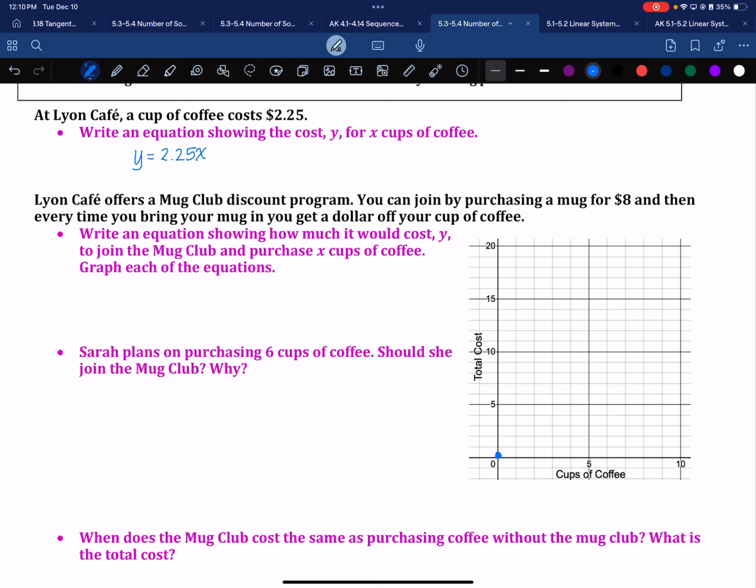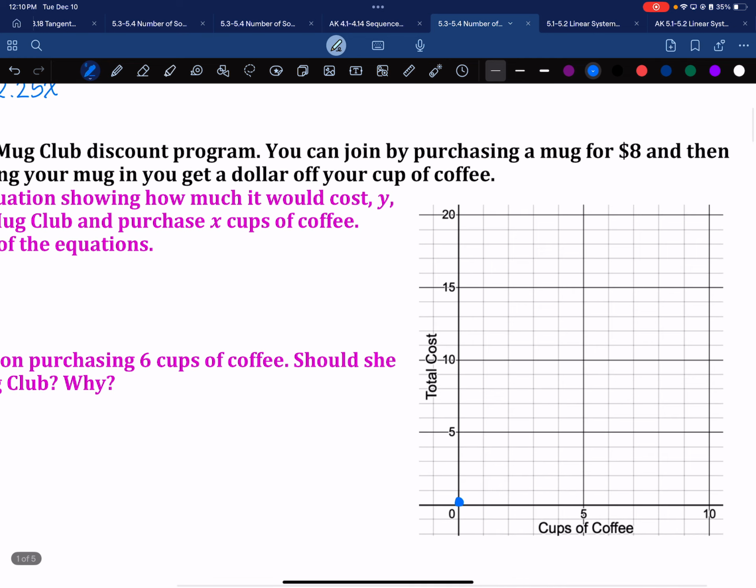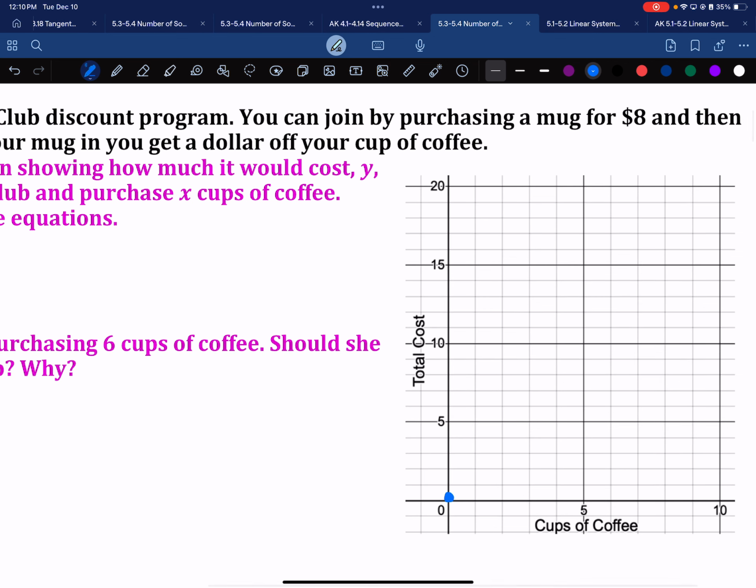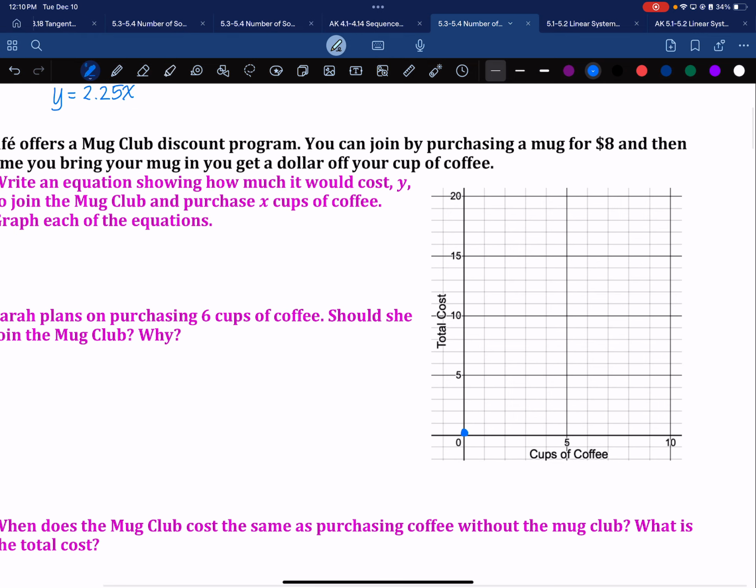Now, if we're going to do that, let's think about which point we picked. If we pick 1, then we're going to have to do 1, 2.25, and that's tricky on here. Agreed? So what would be a good x value to plug in that could give us a nice number?